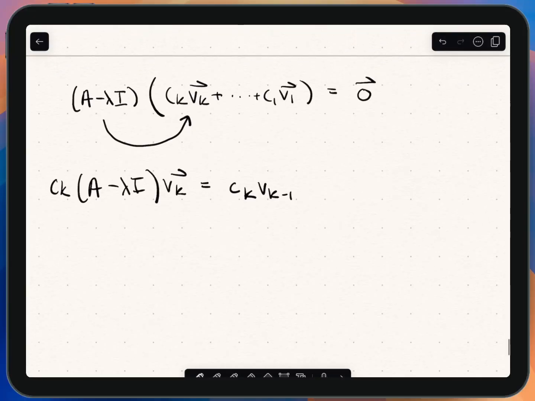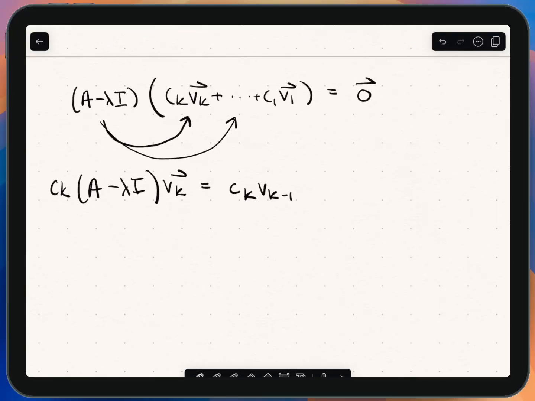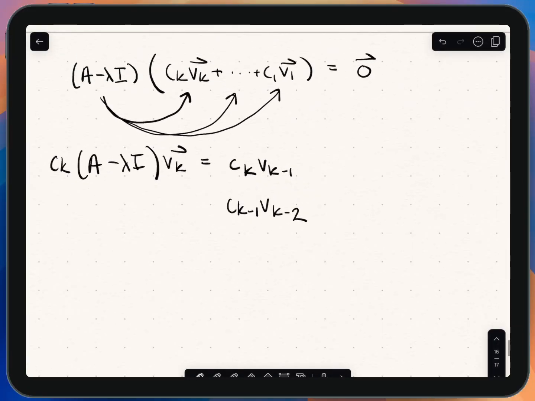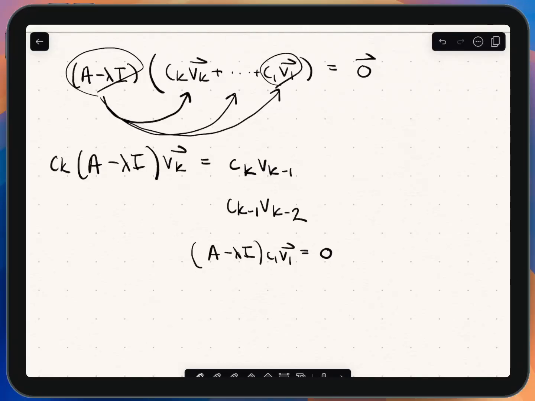And then we can continue. What happens if I apply it to the next in line? That's just going to be CK minus 1 VK minus 2. And all the way until I come to C1 V1, in which we can say that A minus lambda I times C1 V1, but V1 was our eigenvector, and this is going to be 0. So essentially, by multiplying once on the left, we have zeroed out the eigenvector at the end.